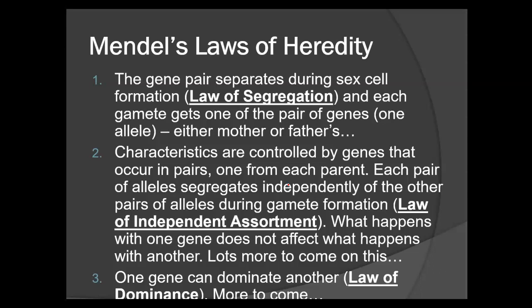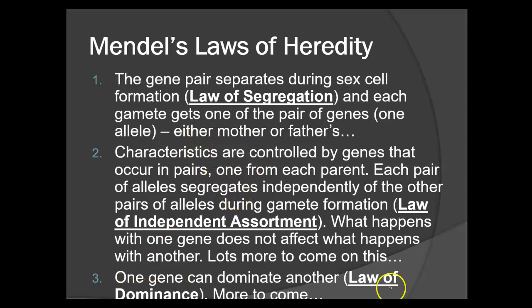So if you have that homologous pair, they are going to either get the mother's allele or the father's allele, not both, moving on to the next generation. And then that's going to combine with another individual through fertilization to make the offspring there.